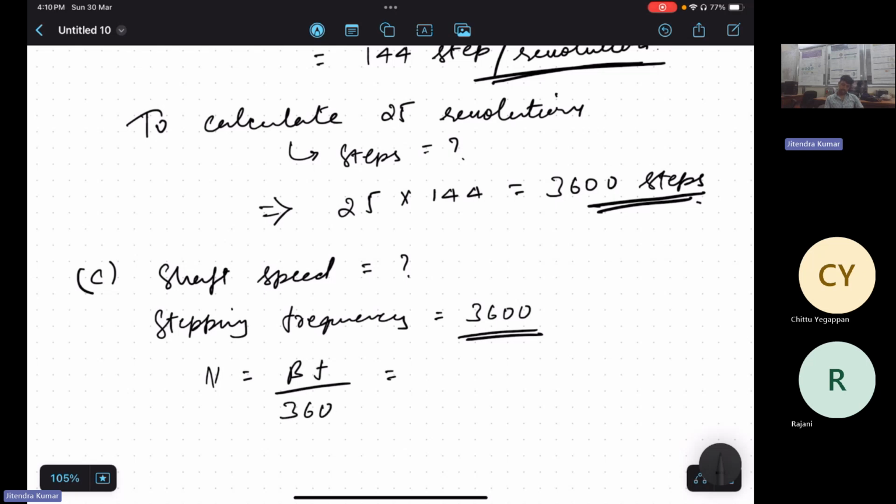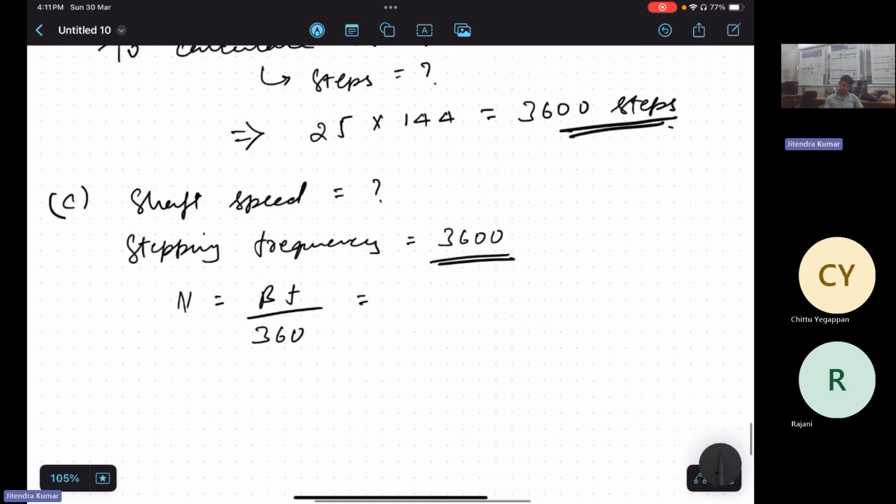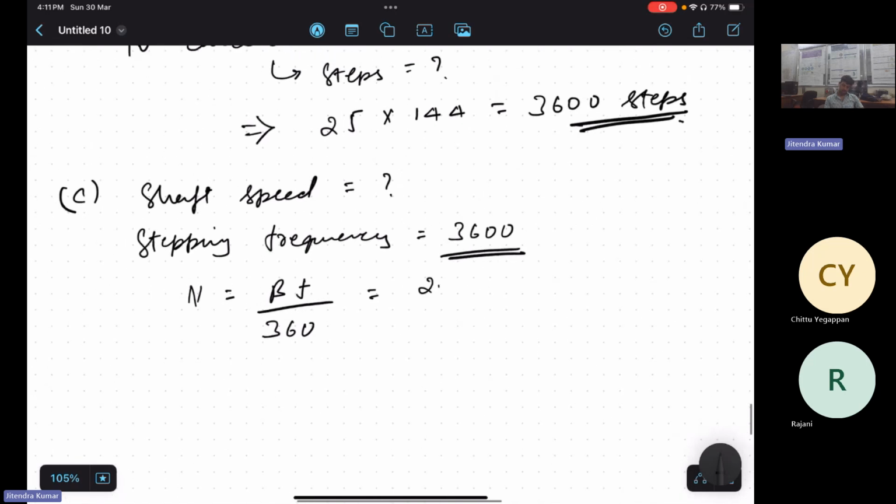So beta is our step angle, how much step angle it is making, and what is the frequency. So 3600 divided by 360. Right. So in a cycle, number of steps into frequency. And it will give you what? RPM or RPS?